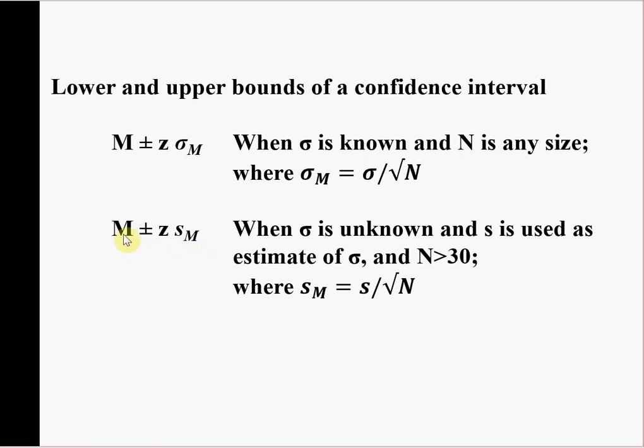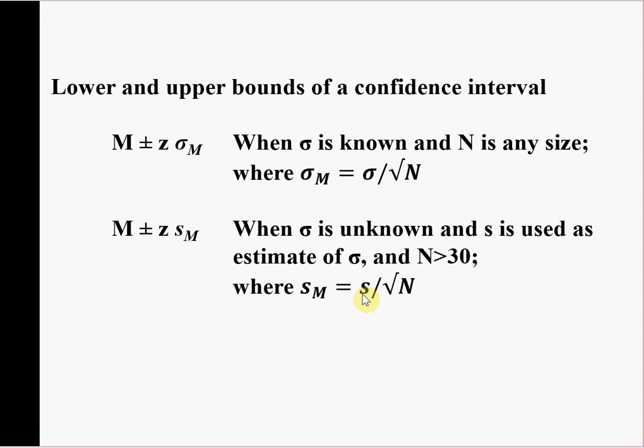We have the sample mean, same as before, plus or minus the z-score, same as before. But instead of using an accurate calculation of standard error, we have this term, called the estimated standard error.